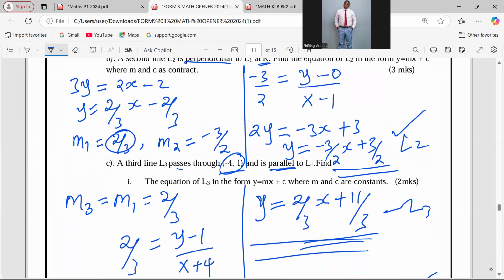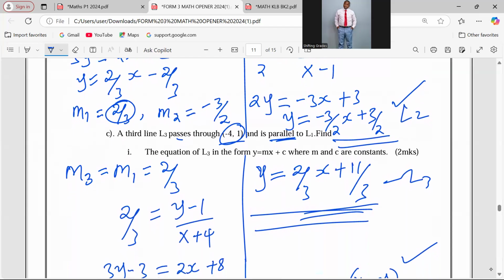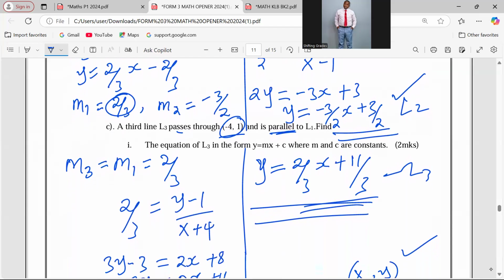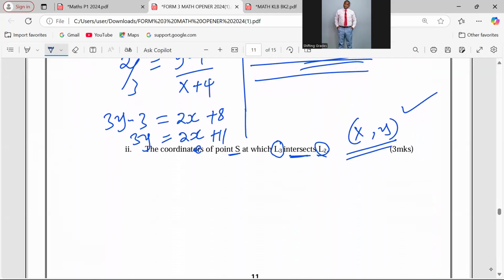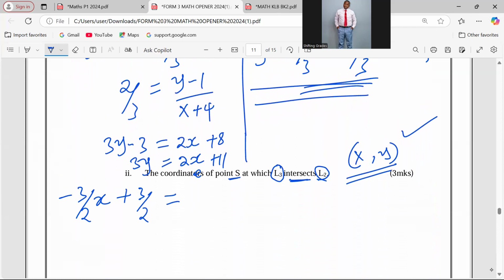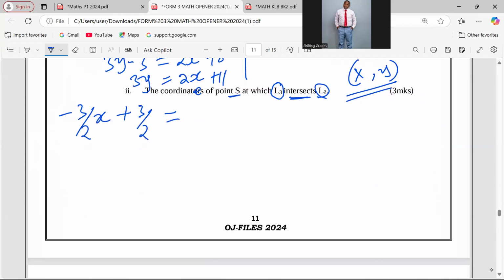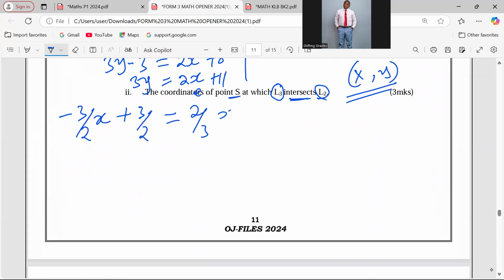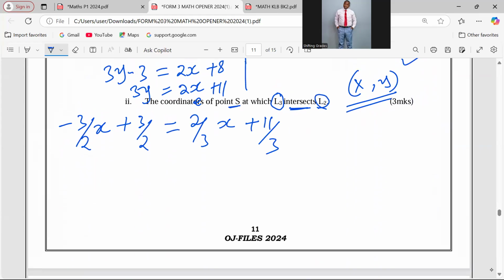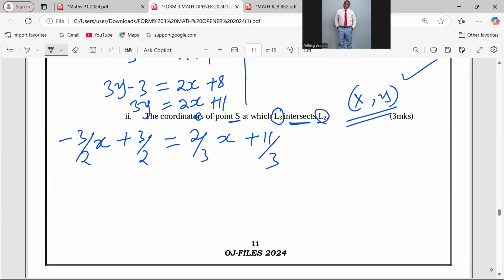So the quickest method that will help us will be the substitution method. Negative 3 over 2 x plus 3 over 2 equals 2 over 3 x plus 11 over 3. So we just equate and we solve for the value of x.